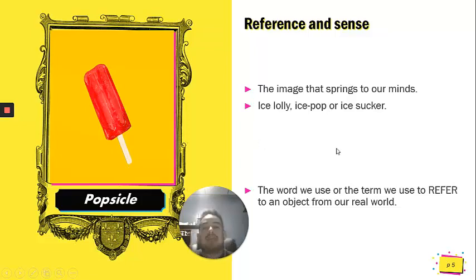And sense, on the other hand, can be defined as the image that springs to our minds whenever we hear a reference. For example, we hear the word popsicle again, and we create in our mind this image of a nice bar candy or a nice bar snack.